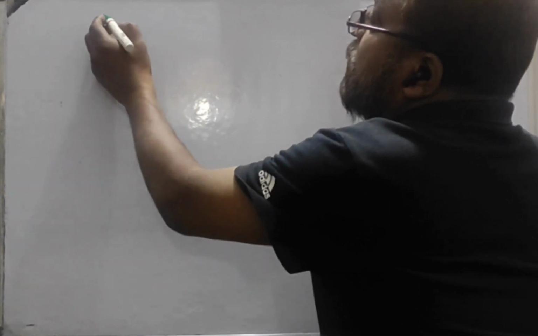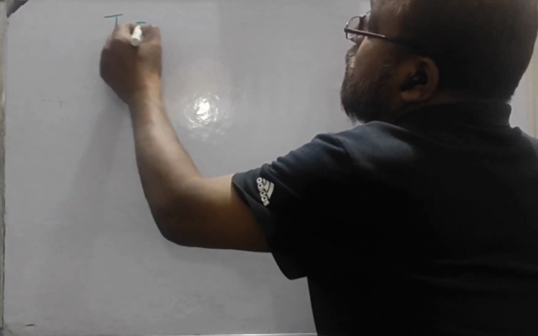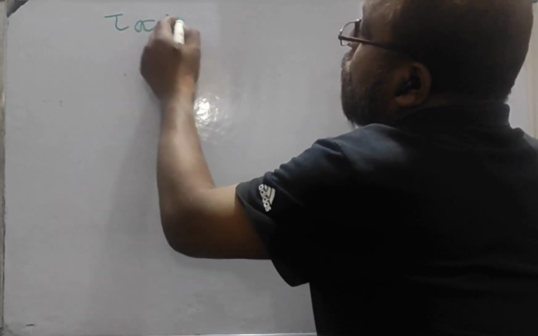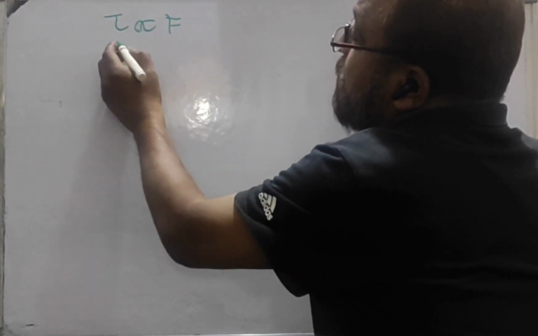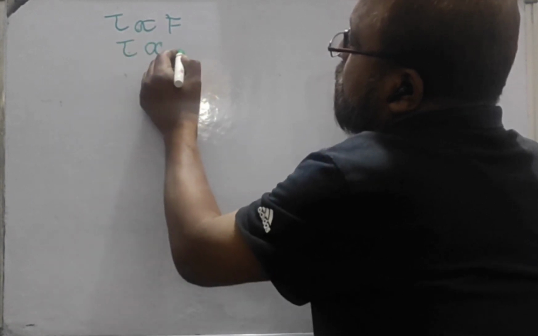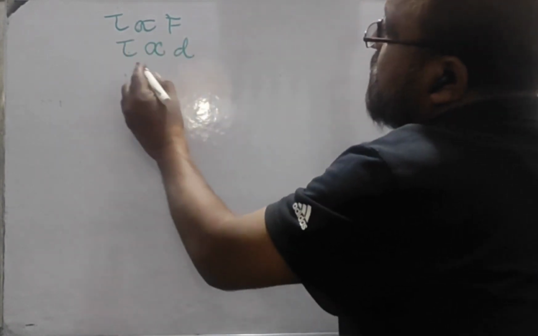As I told you, tau is directly proportional to force and tau is directly proportional to distance, the perpendicular distance, right?